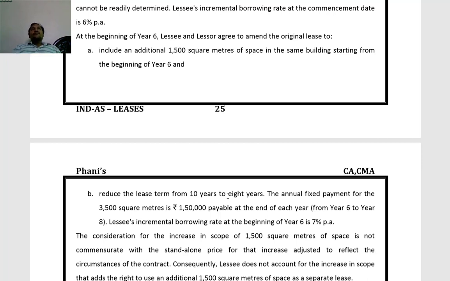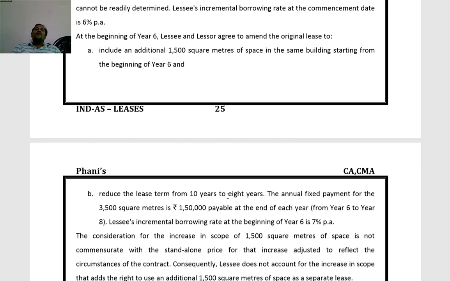Before incorporating or analyzing the two types of modification, the first step is as usual, we have to measure the initial lease liability, the initial value of the ROU asset, and we have to prepare a schedule for lease liability for 5 years. At the end of the 5th year or beginning of the 6th year, what is the liability balance? First we have to find that out.